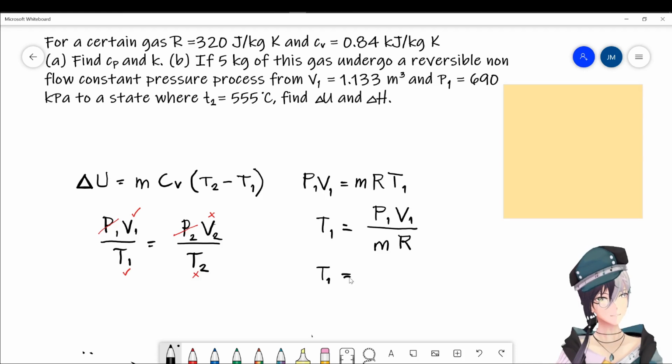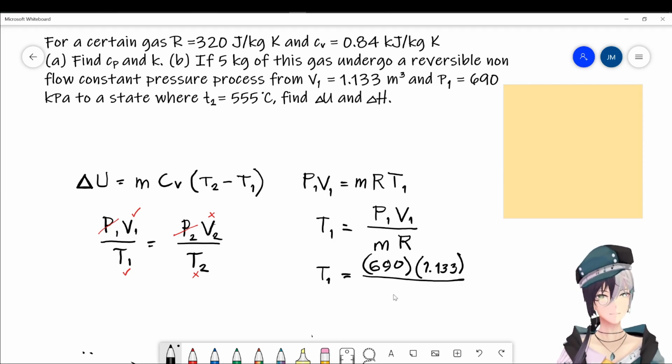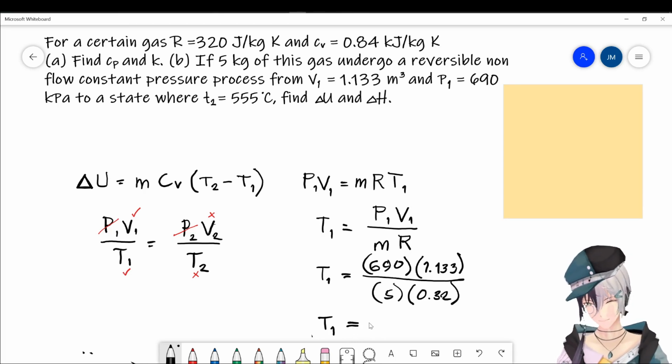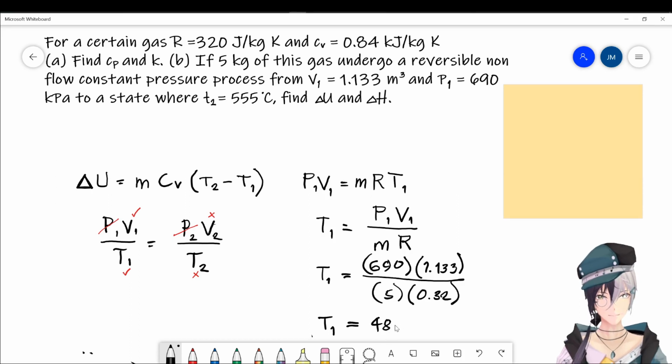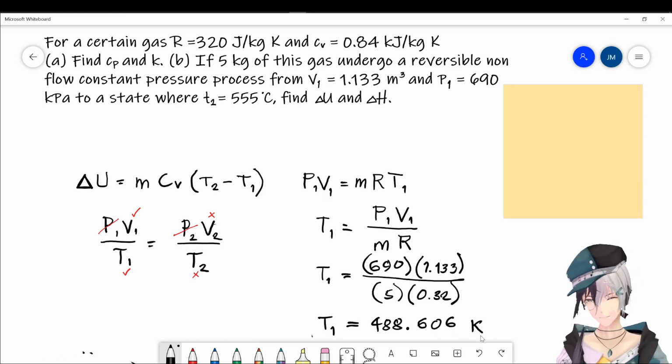Pressure is 690, then volume 1 is 1.133, then this is 5, so 5 kilograms, then R is 0.32. So temperature 1 is 488.606 Kelvin.